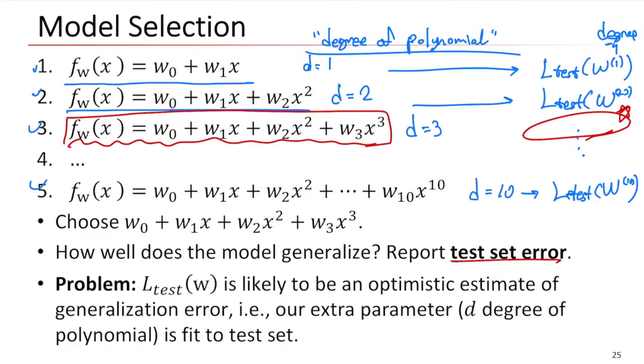So in this case, L test W3 was the optimal, so we can choose this mapping function as our model.